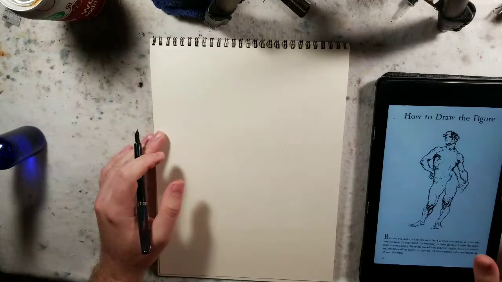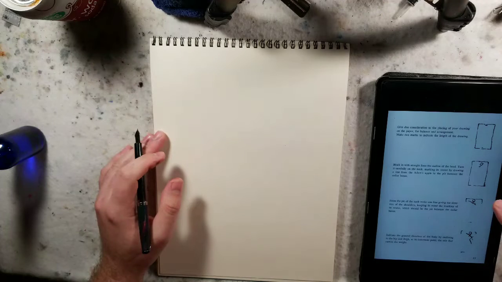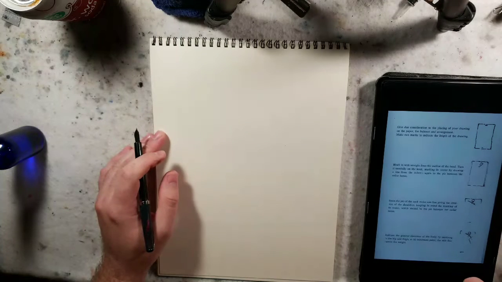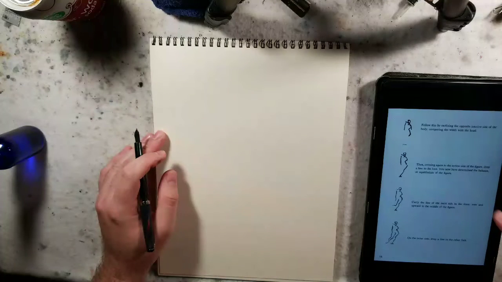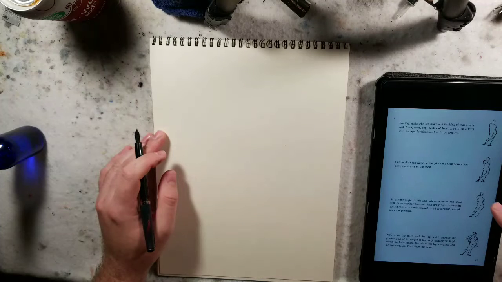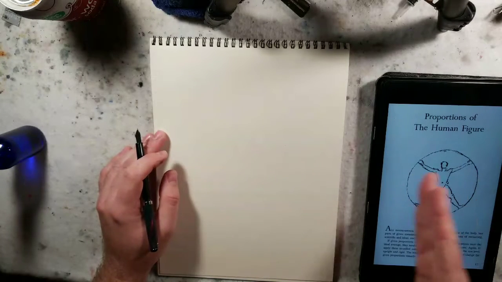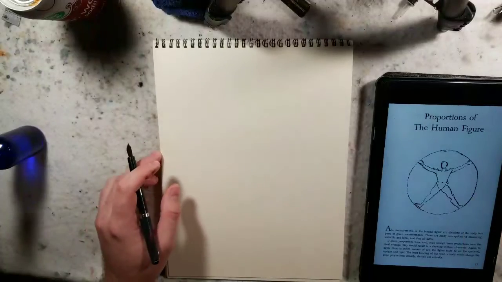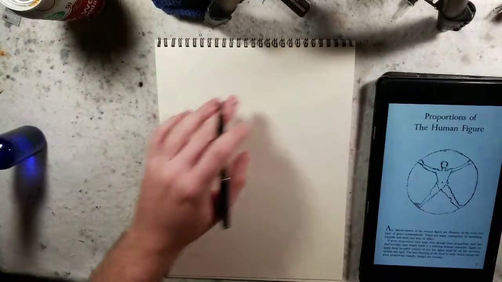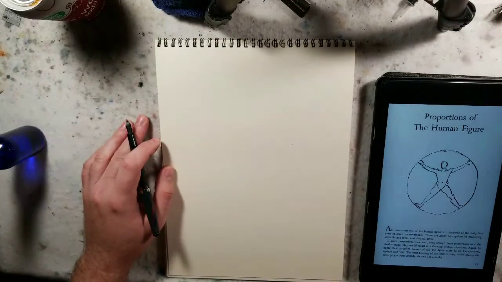So the book starts off with an outlining procedure, but I'm going to skip that. That'll be something that I'll maybe come back to. It's different from the approach that I had learned. But the second section, the proportion of the human figure, oddly enough, is what I had learned in my life drawing and painting class.